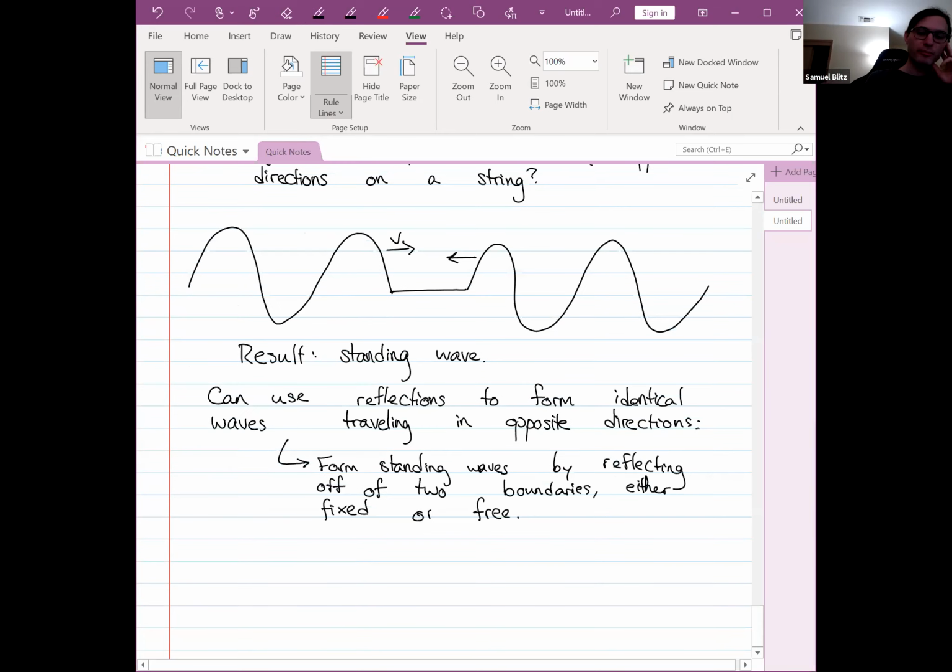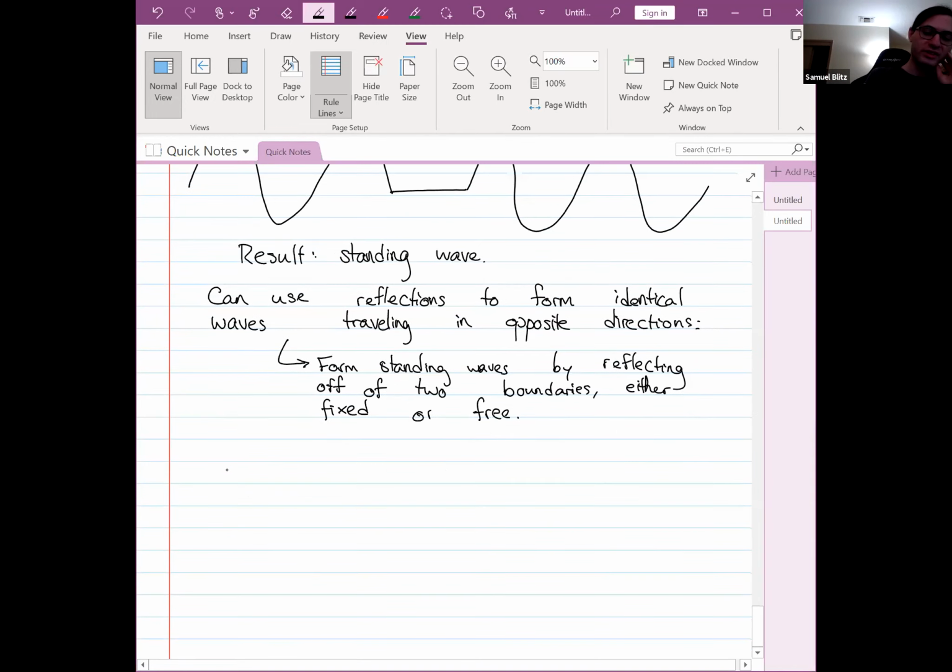Now, we're just going to do some quick maths to show you how this phenomenon arises. Suppose that f1 and f2 are waves traveling in opposite directions. We're not going to worry about reflections yet. We're just going to say that we have two identical waves traveling in opposite directions.